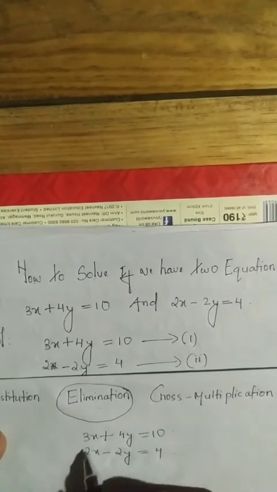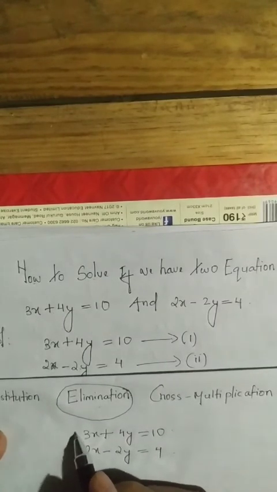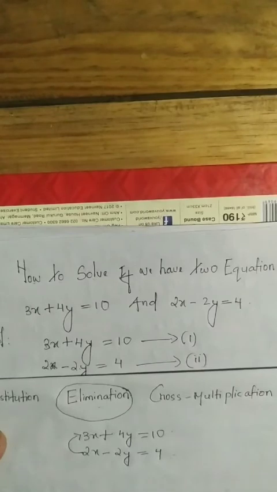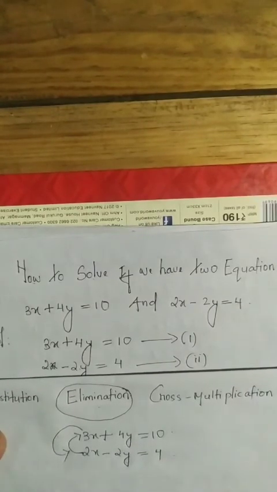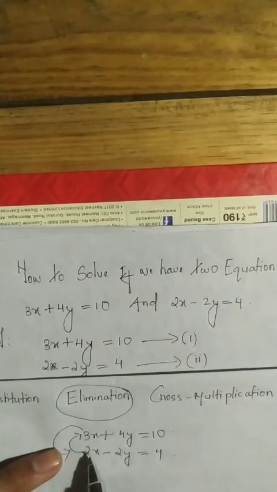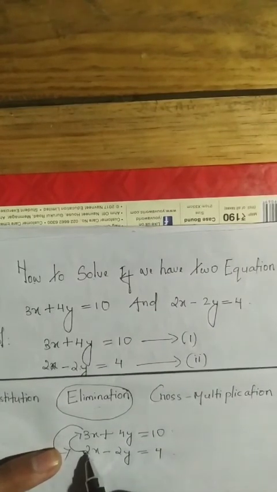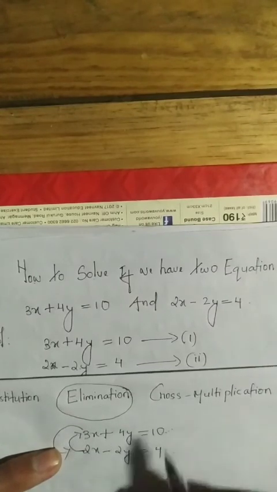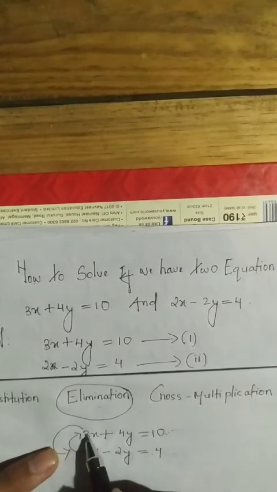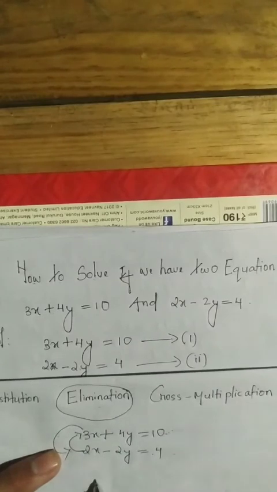These two will multiply to the first equation, and these three will multiply to the second equation. So I'm going to multiply equation 1 everything by 2, and equation 2 everything by 3.